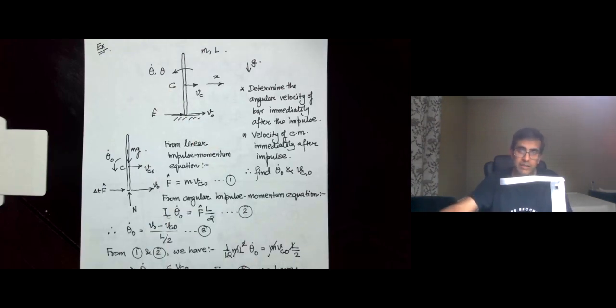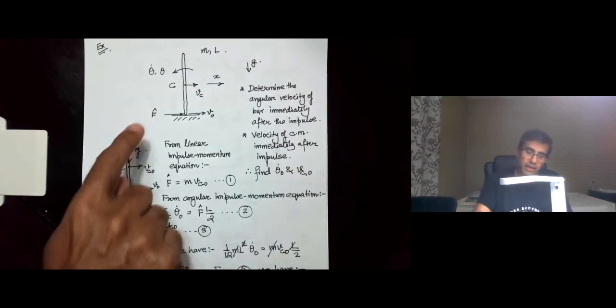So there is a uniform bar that is resting vertically on the ground. So it is just in a very fragile equilibrium, let us assume, and it has a mass m and length L, and at this initial instant there is an impulsive force that acts at the bottom of the bar, and the bottom of the bar gets a velocity v naught.